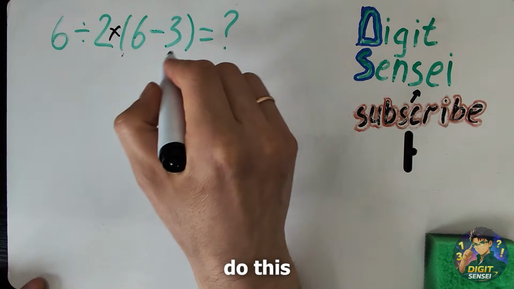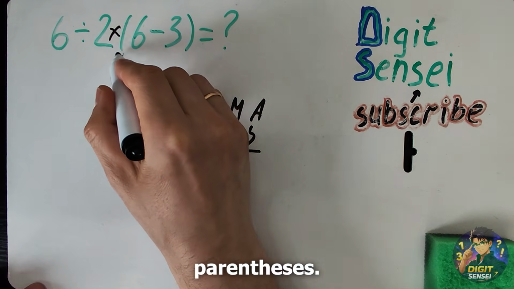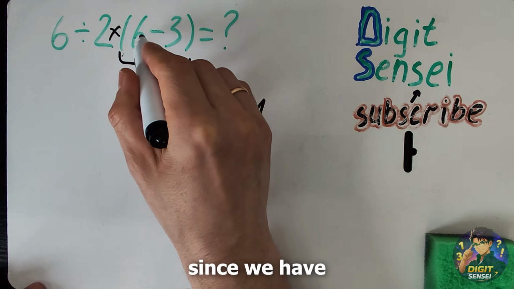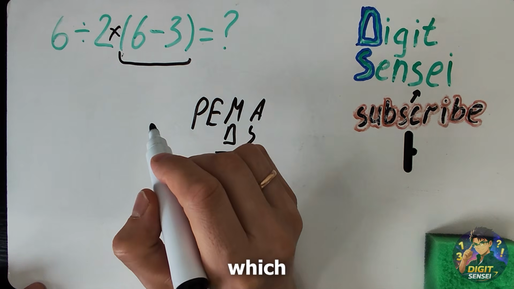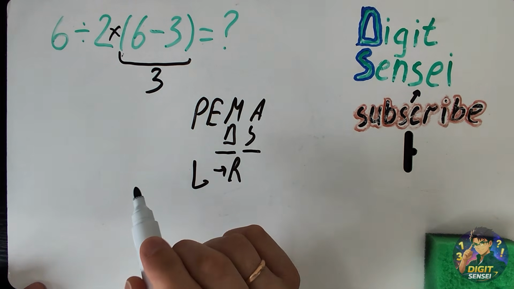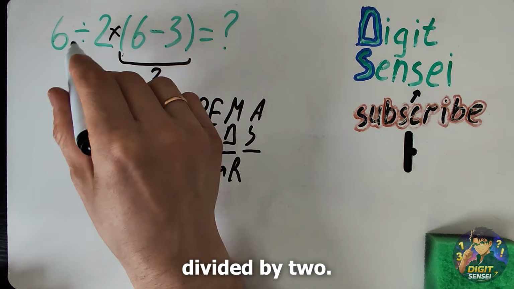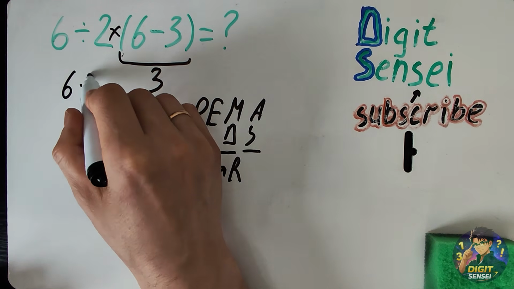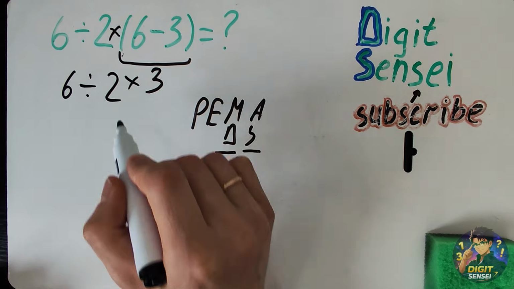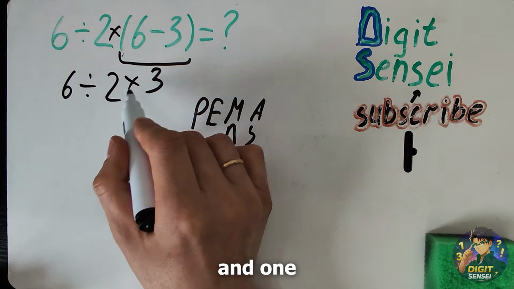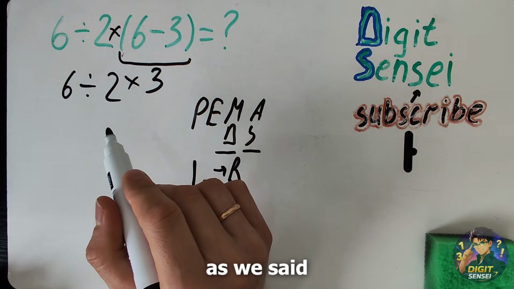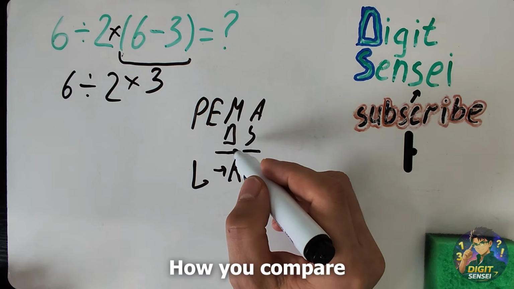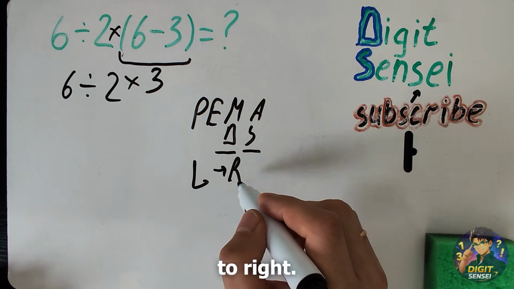So first we have to do this parentheses. Inside this parentheses we have 6 minus 3, which gives us 3. So we have 6 divided by 2 times 3. Now we have one division and one multiplication. As I said, multiplication and division have equal priority and we have to go from left to right.